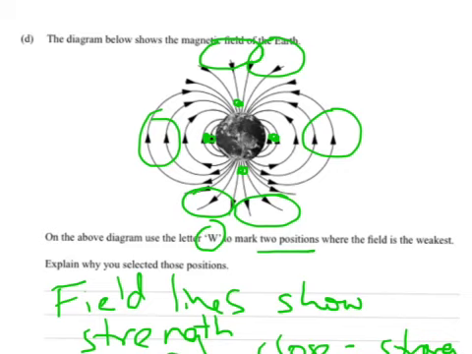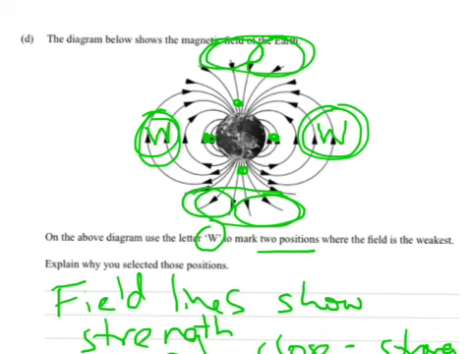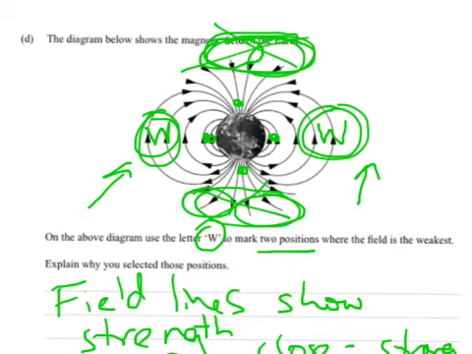It's a little bit hard to know exactly whether this question is looking at these ends, or whether it's looking at these parts here, but I would suggest it's probably looking here and here. That's why I'd put W. One, because the marking schedule says so, and two, because it's a bit vague at these endpoints. So I'd ignore them and stick with the clear and obvious ones. And when you give your reasons, you're talking about the field lines and their spacing. So that's really the end of this question.